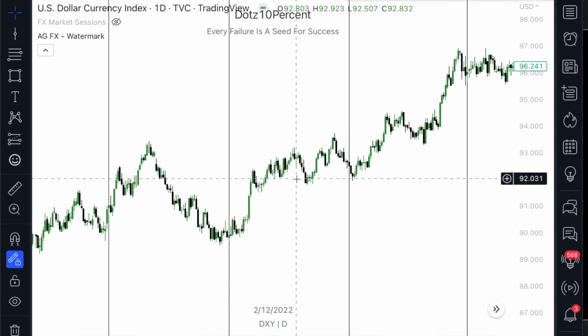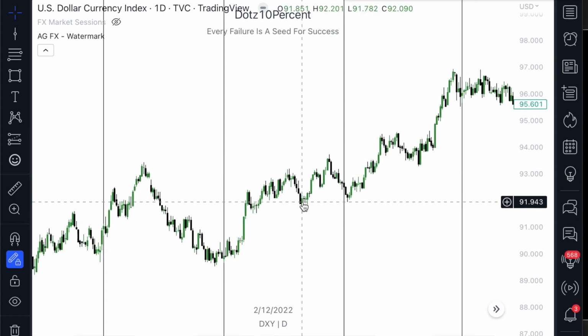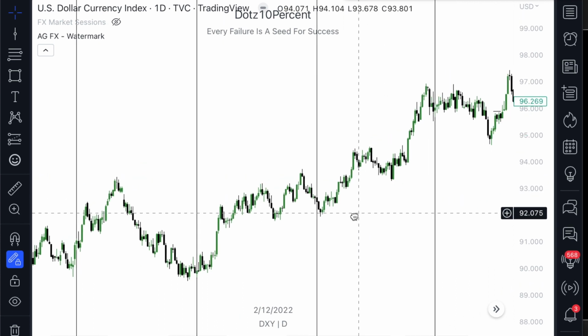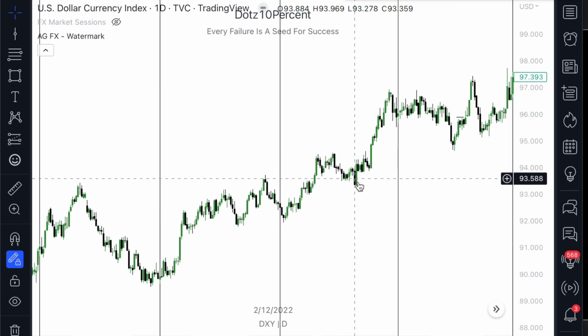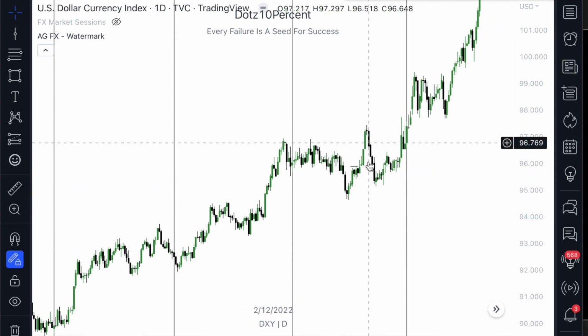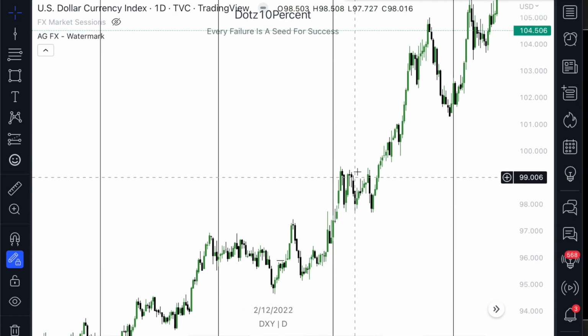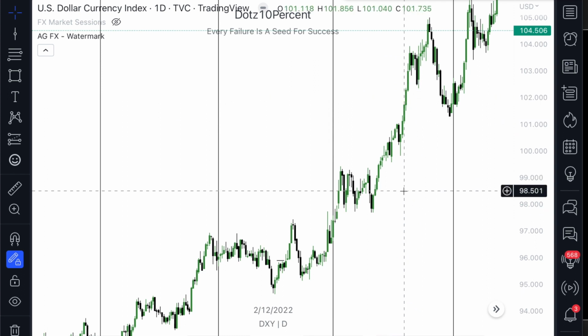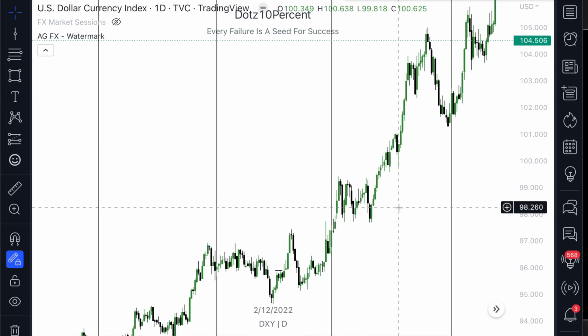Same here, around the middle, retracement, move higher. Retracement, move higher. Retracement, move higher. Now, what you should notice about these retracements is they're followed by a move in the macro direction.